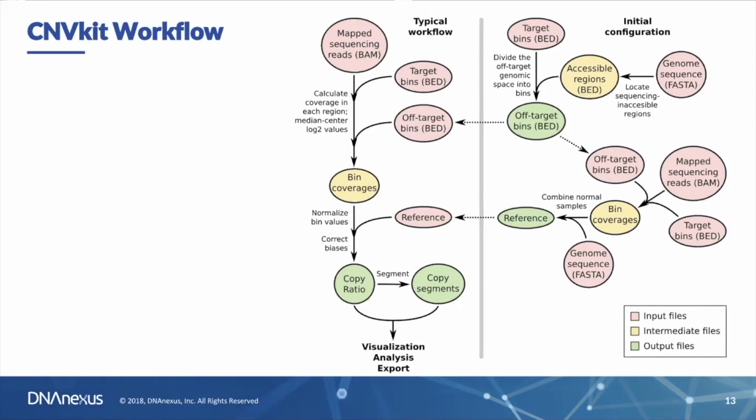Now, it actually works better not to use a single matched normal for each tumor sample, as you would with somatic CNV calling, but rather to pool your normal samples together. And CNVkit will do that automatically for you. You just provide all of your normal samples in one group, and it will calculate the bin coverages, run through half the pipeline, and consolidate all of this information into a reference profile. That reference profile has the average normal coverage at each of these bins across the entire genome.